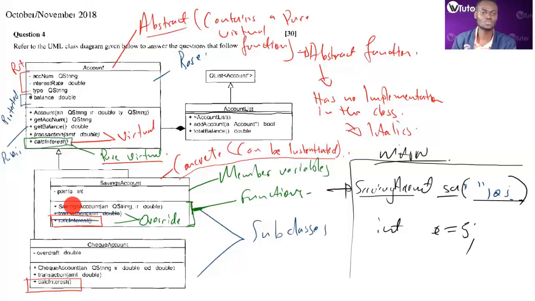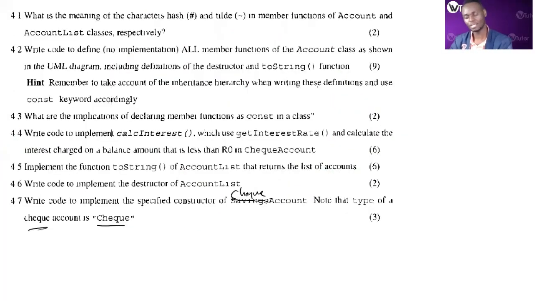So you cannot just implement the constructor of savings account and ignore the constructor of account. So basically, be able to implement the constructor of a base class. And it's not complicated. It doesn't change. I've explained it before. I'm explaining it now. Whenever you implement the constructor of a subclass, you must call the constructor of a base class.